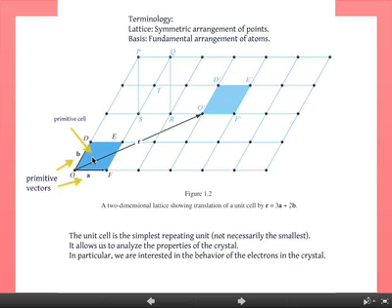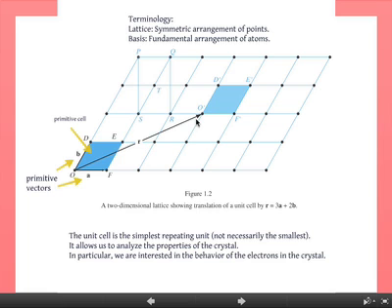Okay, the few other terms that you should be aware of are the primitive vectors. So in this case, you have a vector here, A, and you have a vector here, B, that define the entire unit cell. Right? And for this rhombus, you only need these two vectors. And anything that repeats as an integer multiple of these vectors, like this R, represents another unit cell. You see that? So this is the origin.